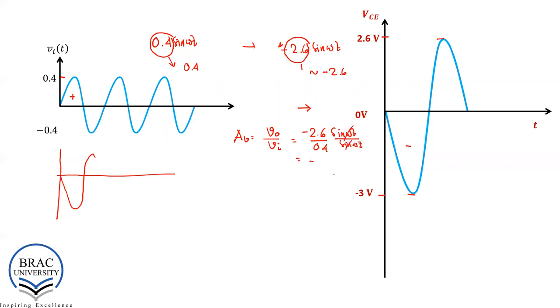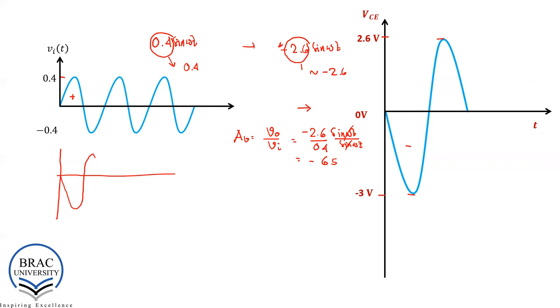That gives us roughly 6.5 times amplification. That is how the amplification of any signal takes place when the BJT is operating in the active region.